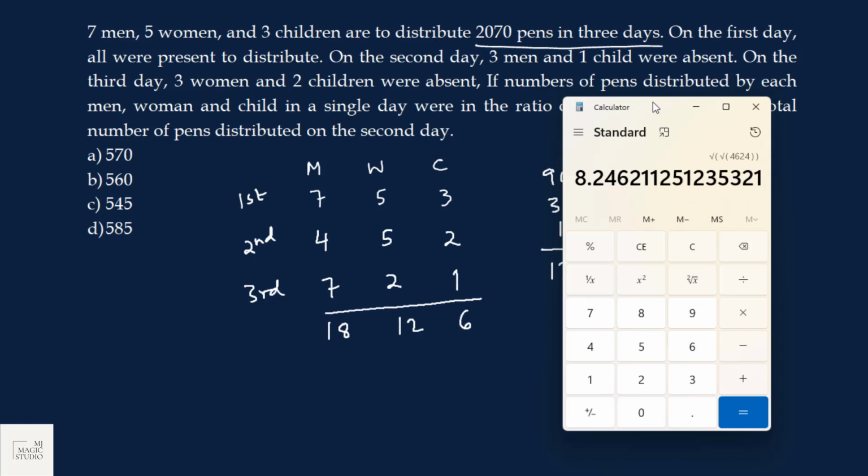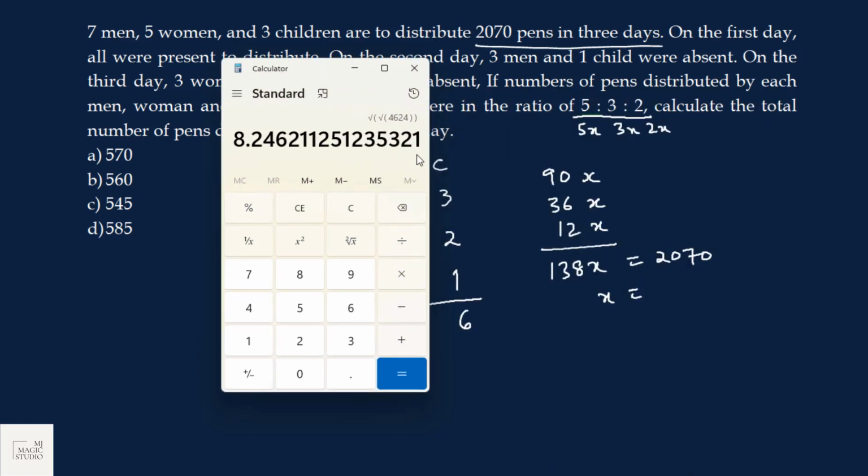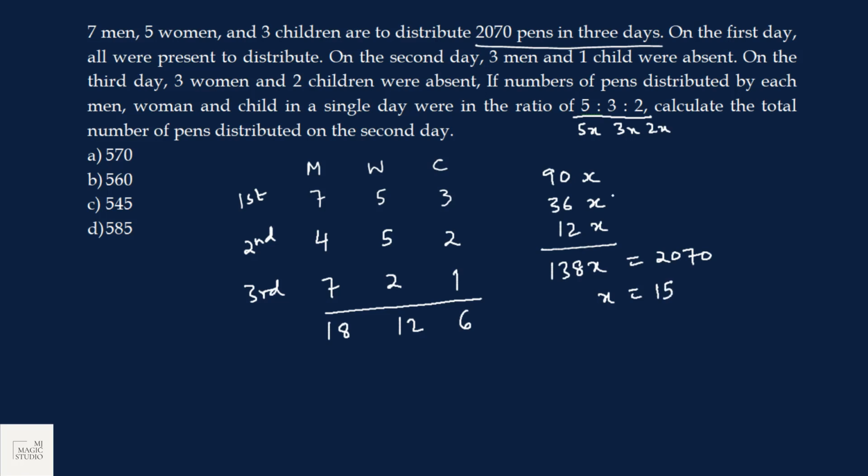With this, we can find the value of x. 2070 divided by 138 is 15, so the common ratio is 15. Now the question is, how many pens were distributed on the second day? On the second day, 4 into 5 is 20, 5 into 3 is 15, and 2 into 2 is 4.